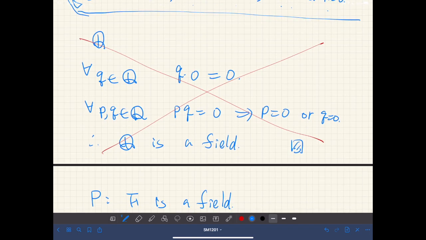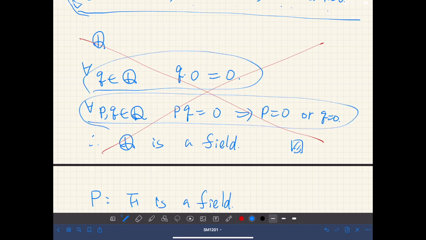So of course, for any rational numbers, we have this and this, but it doesn't necessarily imply that the set of rational numbers is a field. To begin with, what is this 0? For 0 to exist, we must know that this set of rational numbers has a 0 element, right? But we haven't proved it yet.